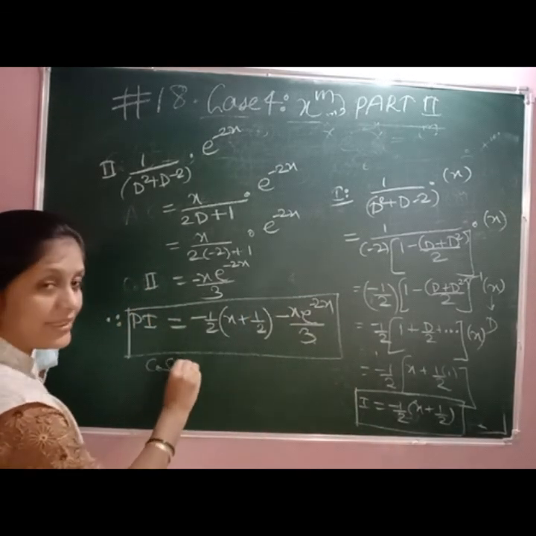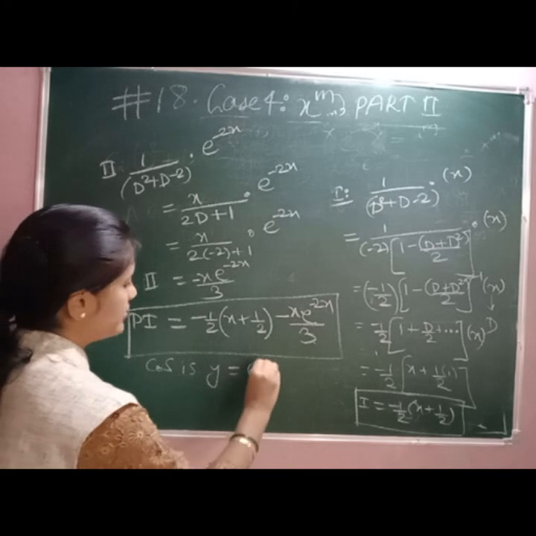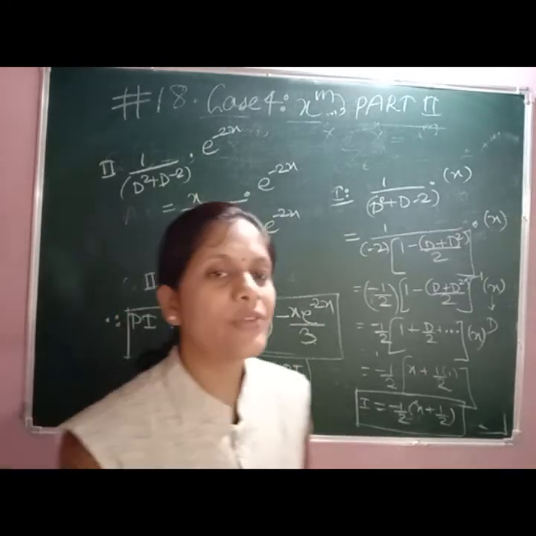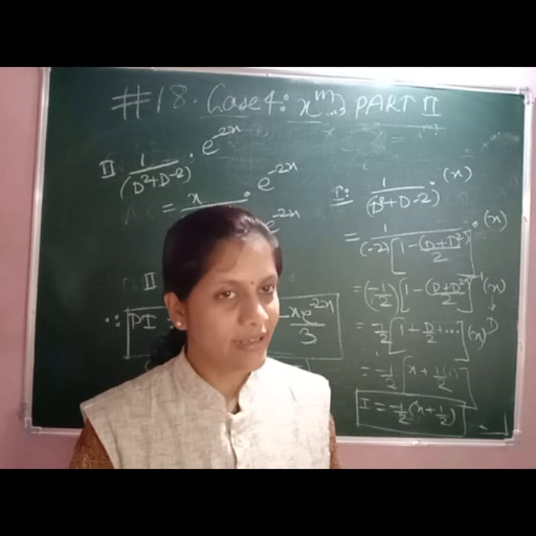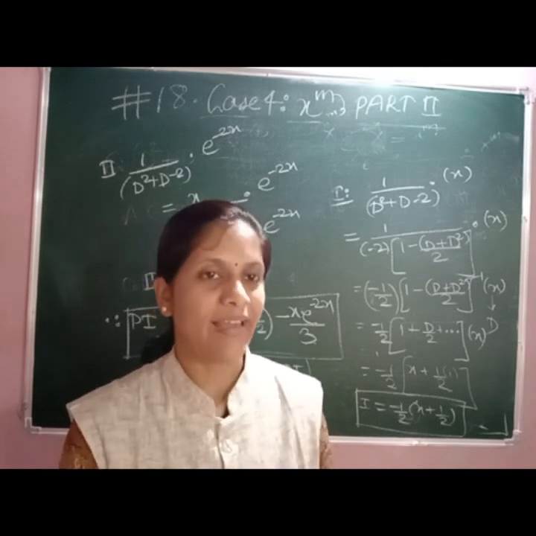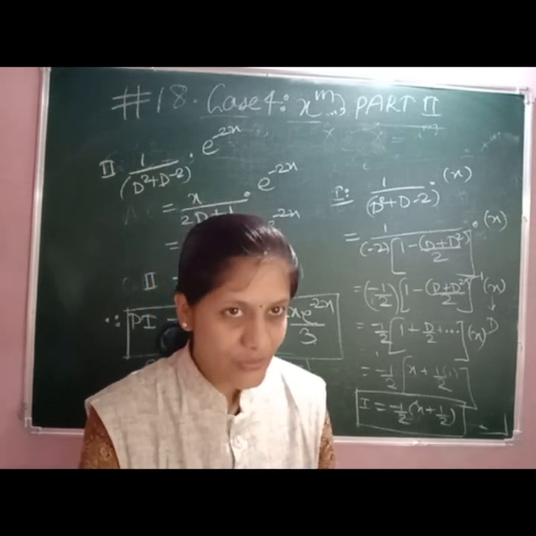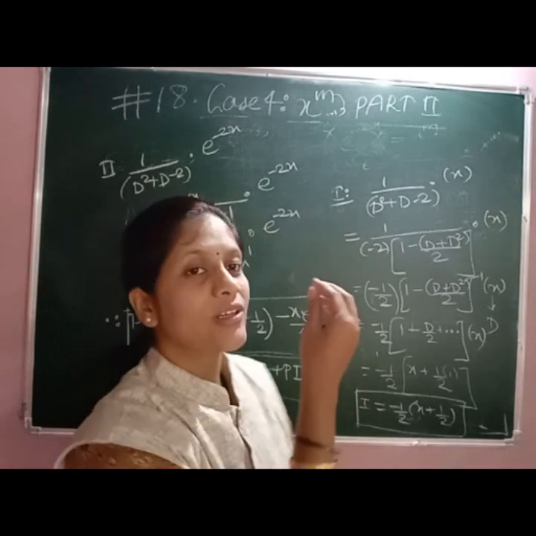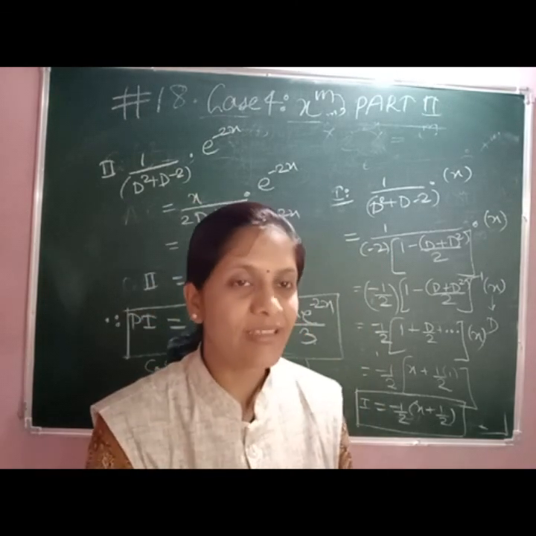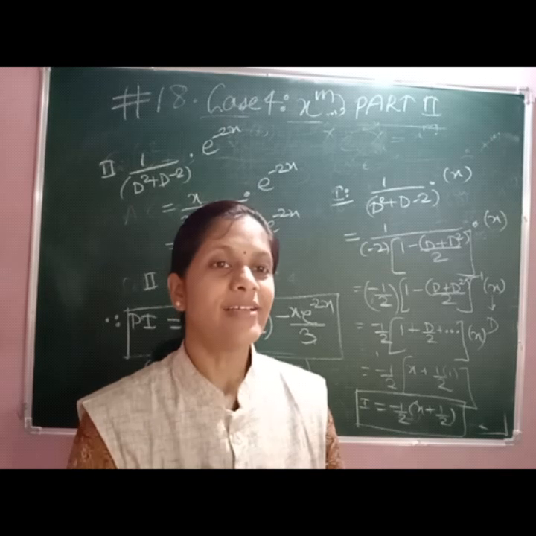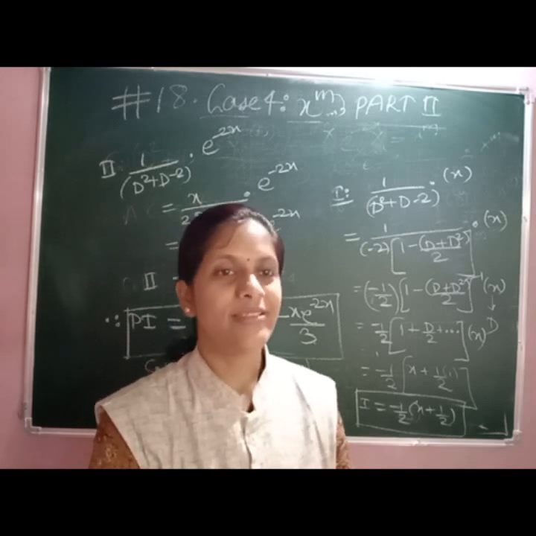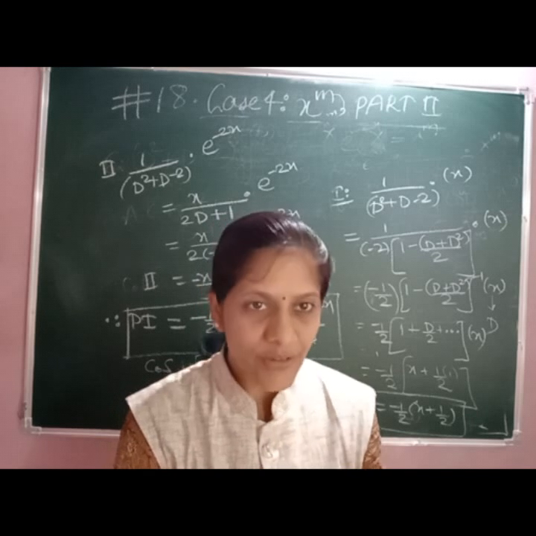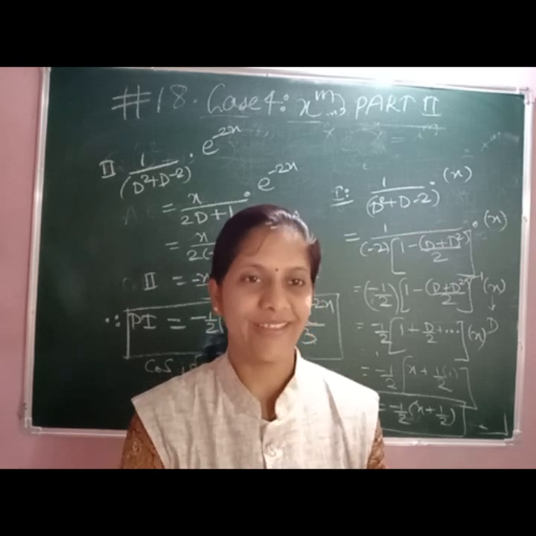The complete solution is y = CF + PI, so again we have to write our CF and again we have to write our PI. So this was all for today's session, and with this today we complete our case 4, that is, whenever it is given in the form x^m, that is algebraic equations. I hope everybody has followed the things, and thank you for your patience. Have a good day.